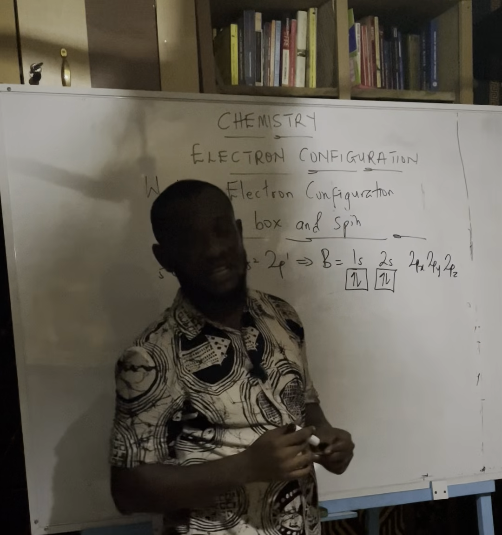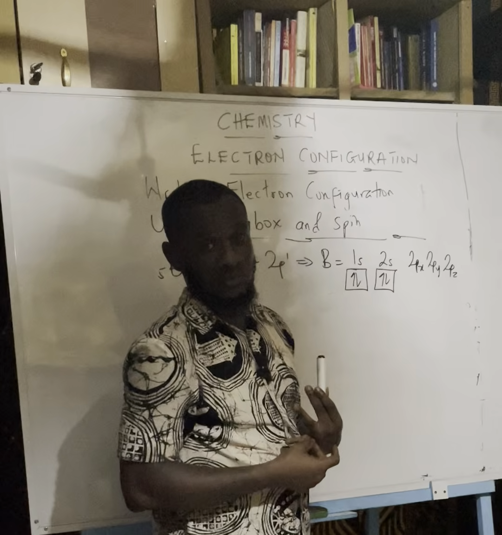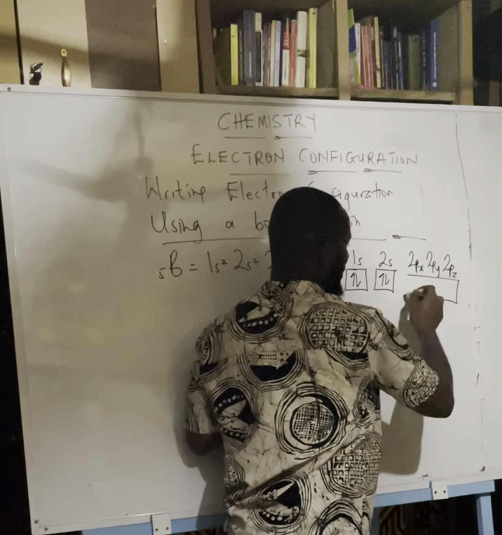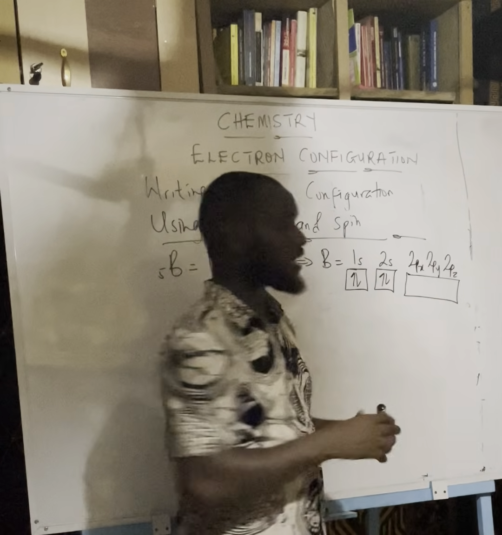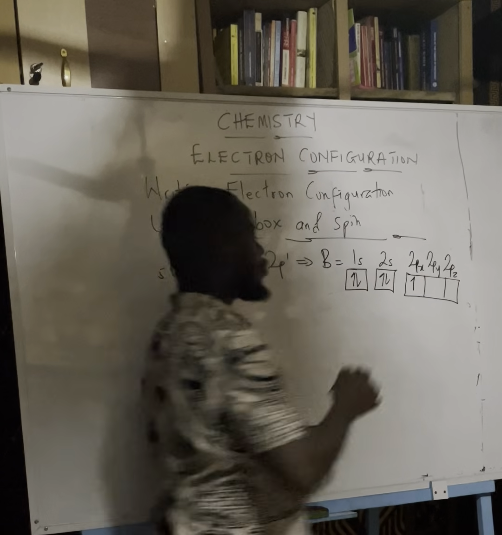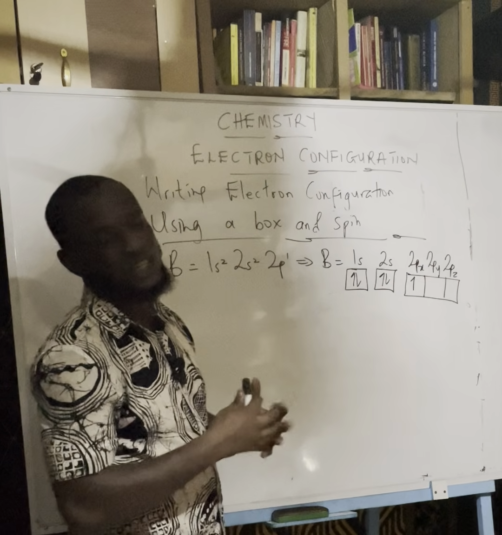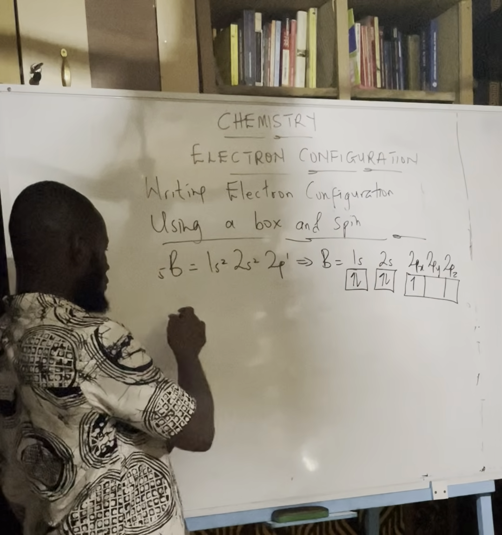These, we said that they are degenerate. They have the same energy and the same principal quantum number. But what changes is their orientation. So with these, you draw a larger rectangle, then you separate them. So here, the one is for the 2px. That means the 2py and the 2pz are 0. Take note.